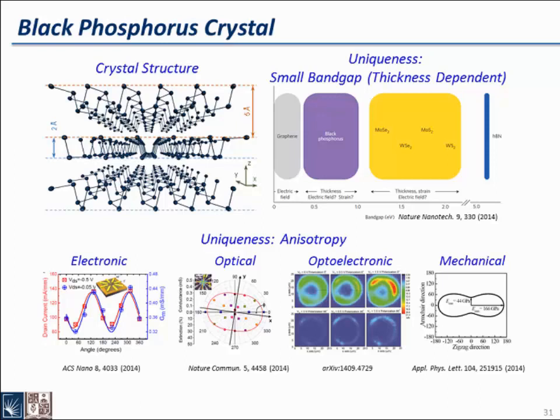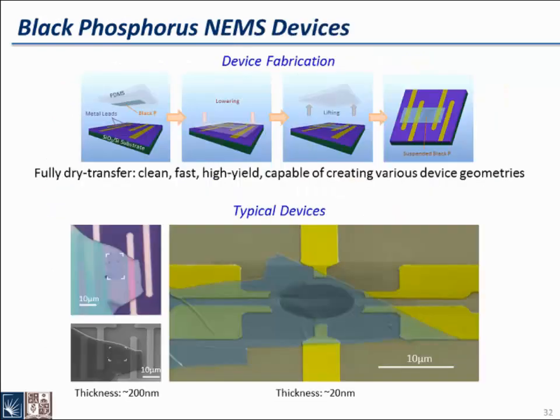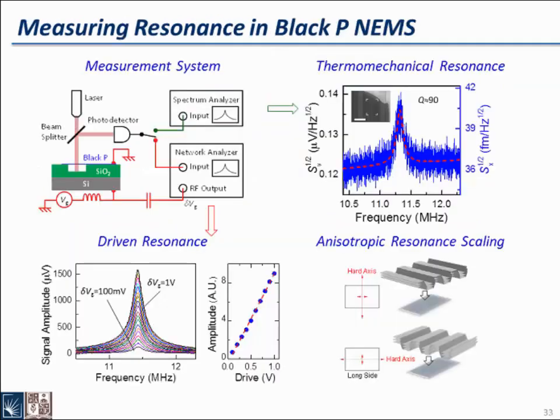It fills the gap in the band gap diagram between graphene and the transition metal dichalcogenides. And this material has a unique property: it's totally anisotropic, with very strong intrinsic anisotropic properties in all domains: mechanical, optical, electrical, thermal. And then we use this to build the first black phosphorus resonators. These measurements are actually routine for us.